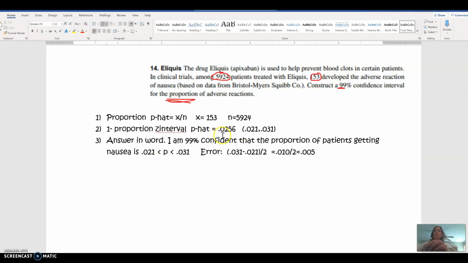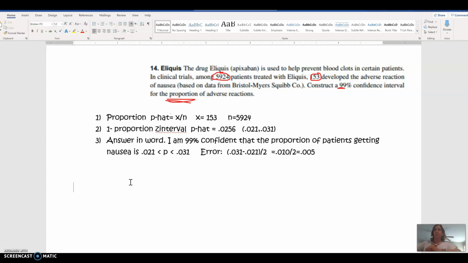In other words, if I take my sample proportion, the 0.0256, I am 99% sure that the real proportion is either 0.005 less or 0.005 more. Within that margin of error, I am 99% sure that the real actual proportion of people who would get sick from this drug is going to be.